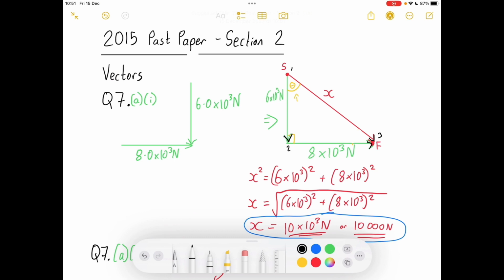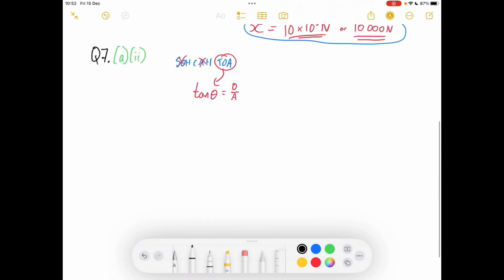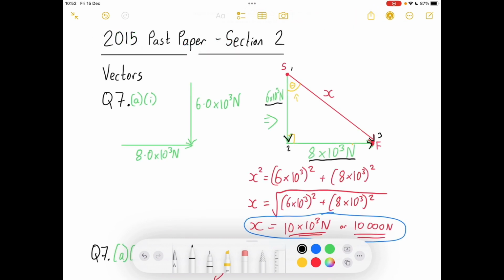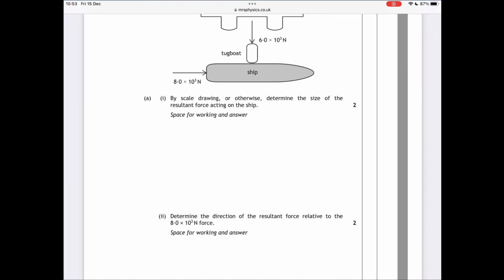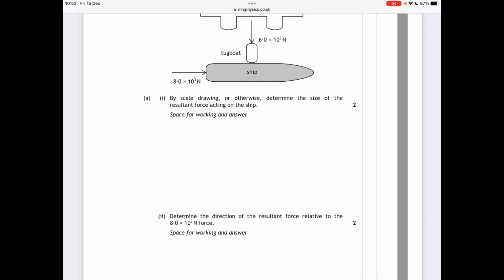So if that's the angle we're finding out, the opposite is 8 times 10 to the 3. The adjacent is 6 times 10 to the 3. So, in pretty much every question we do, that's the angle we're going to look at. However, if we jump back to what the question actually asks for, it asks for the direction of the force relative to the 8 times 10 to the 3 Newton force.